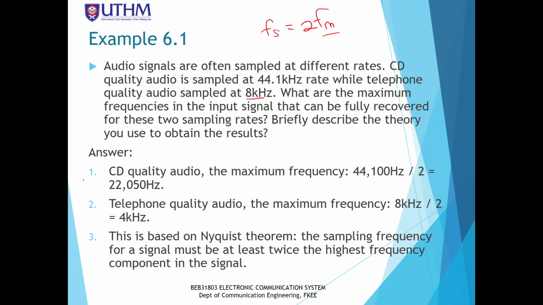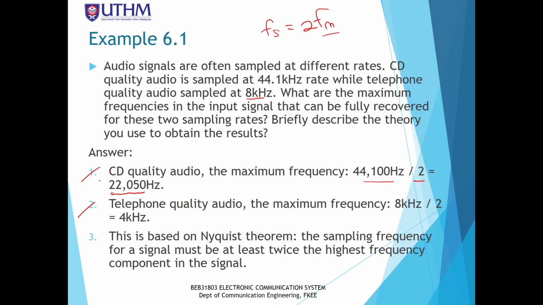For example, for CD quality audio, the sampling frequency given in the question is 44.1 kilohertz. That means the highest input frequency is 44.1 divided by 2, so we get 22.05 kilohertz.